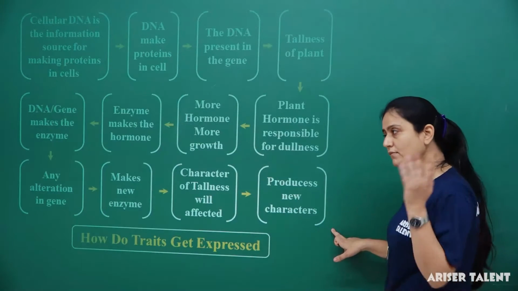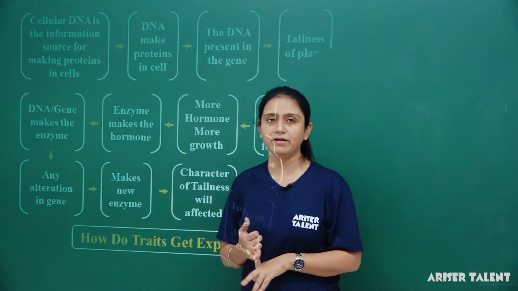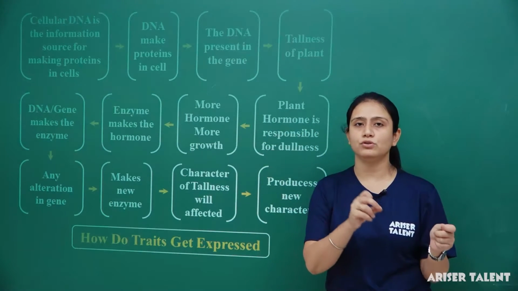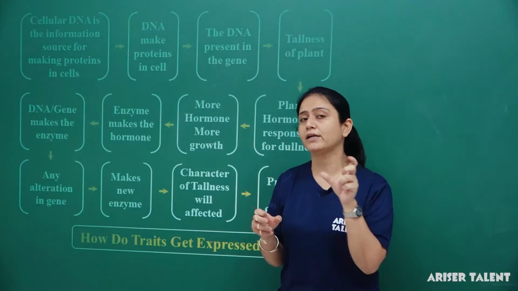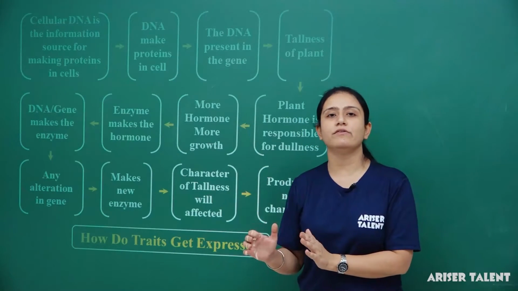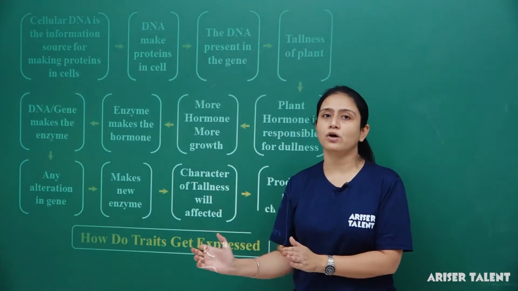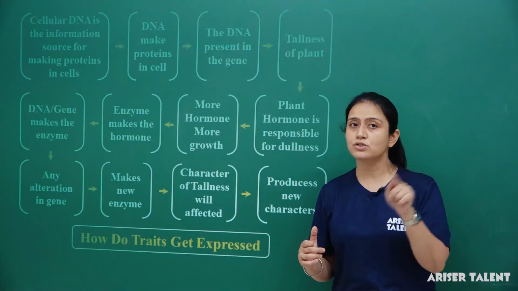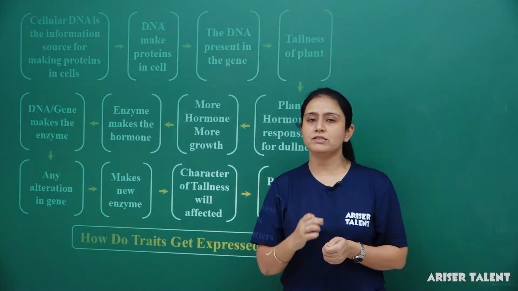Clear? In Mendel's experiment, we also studied that when he chose the character of tallness, in the F1 generation all the plants were tall because tallness was dominant, and dwarfness was what?